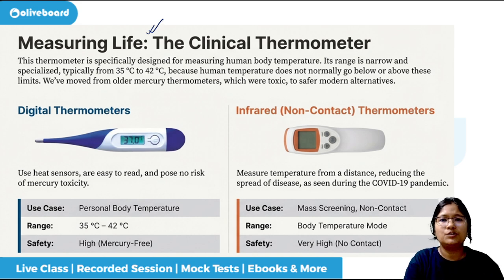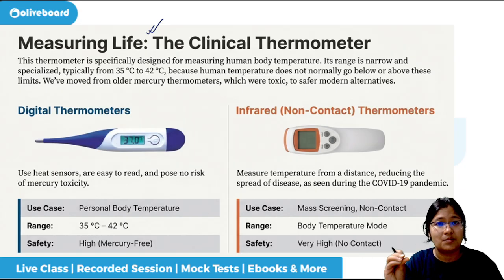In our home also we have thermometers. Previously, if we look at the old thermometers which we have, we will see a glass thermometer and inside there is mercury. We have to be very careful while holding these thermometers, because if it falls down, it will break, and the mercury inside is toxic and dangerous.